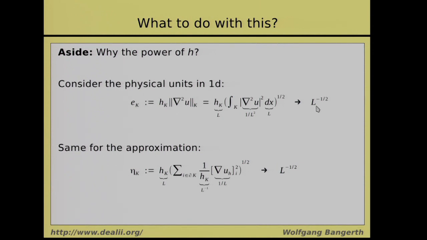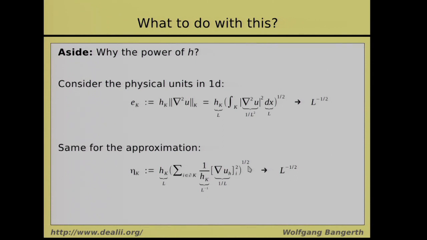Okay? And of course, my approximation needs to have exactly the same physical units. I defined it as this. So that was this hk, that is my factor of L. There's a sum. In the sum, I had 1 over hk. That gives me an L to the minus 1/2. The gradient has dimensions 1 over length scale squared. So that gives me 1 over L squared, 1 over L cubed to the 1/2.